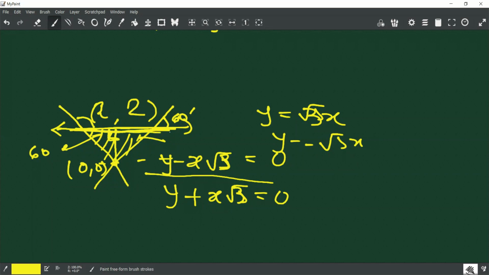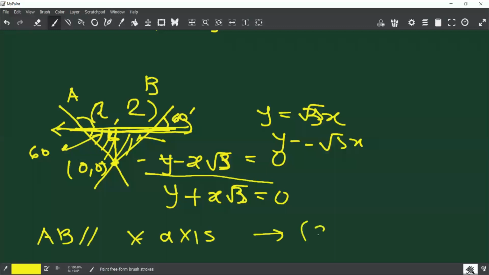So this line will come parallel to the x-axis. Correct? So your line AB is going to come parallel to the x-axis and it passes through (2, 2). So what is its equation going to be? Its equation is going to be y is equal to 2. You all got it right?